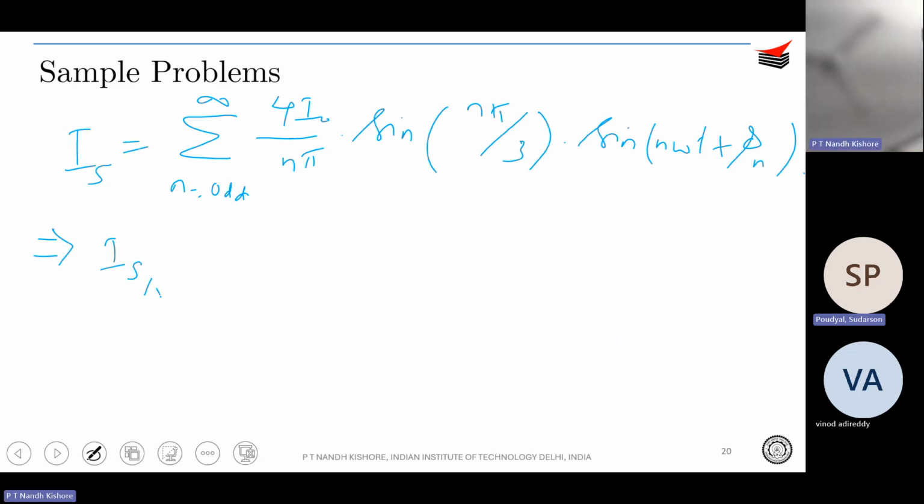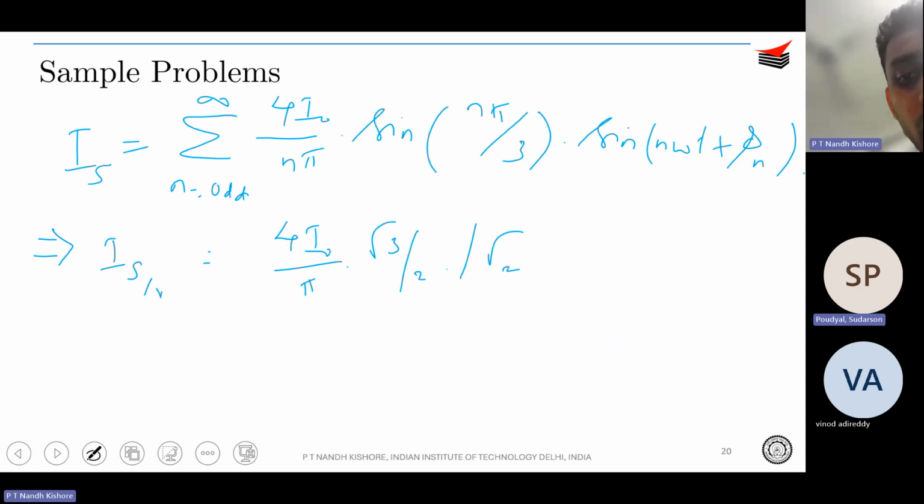So your iS1 RMS will be given by 4 I naught by pi, sine pi by 3, which is sine 60, which is root 3 over 2 over root 2. So this is your iS1 RMS.